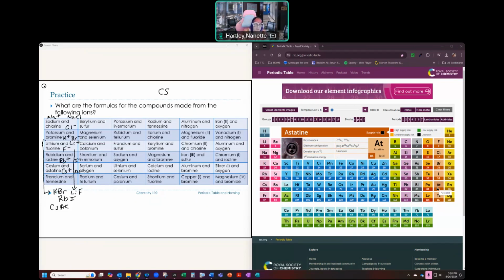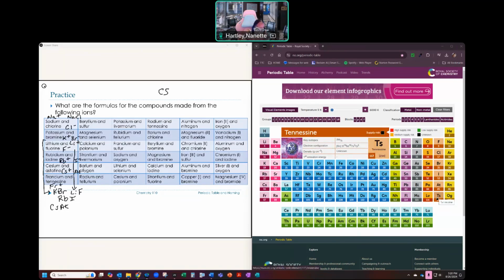Francium and Tennessine, I can't say that, Tennessine. So francium is here. He's Fr. He's still in that alkali metals. So he's Fr+. And that guy right here, he's Ts-.